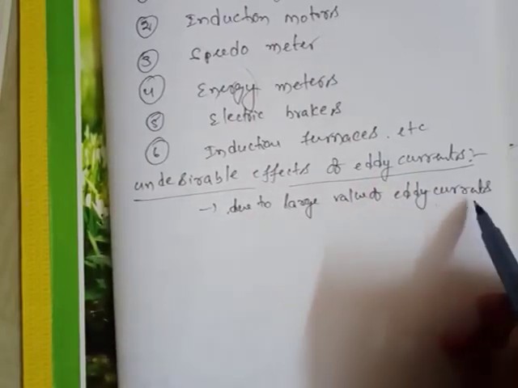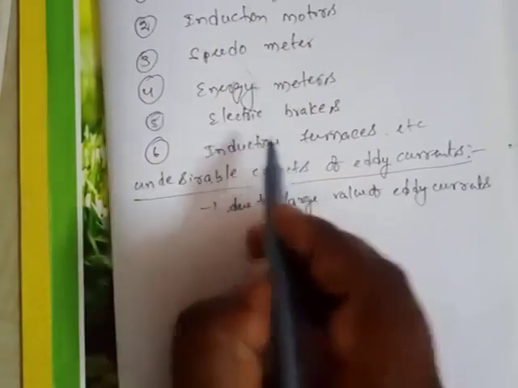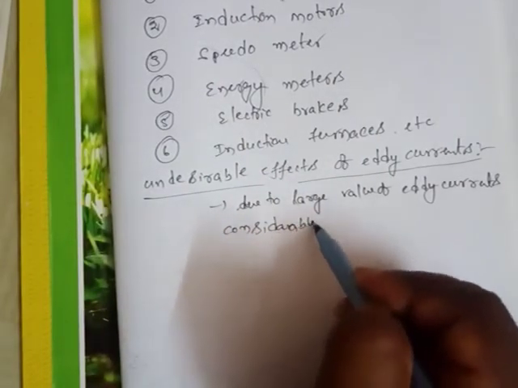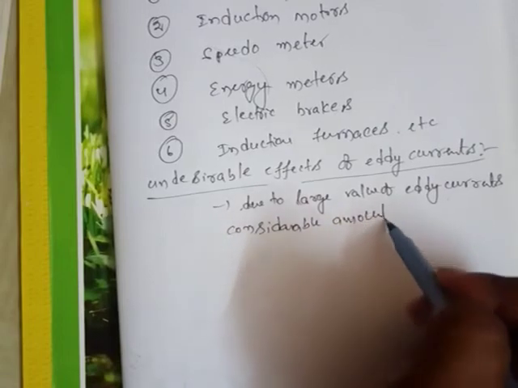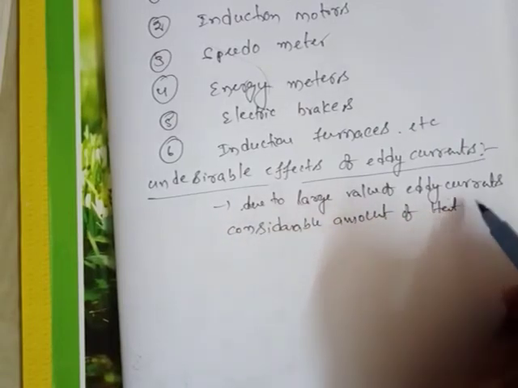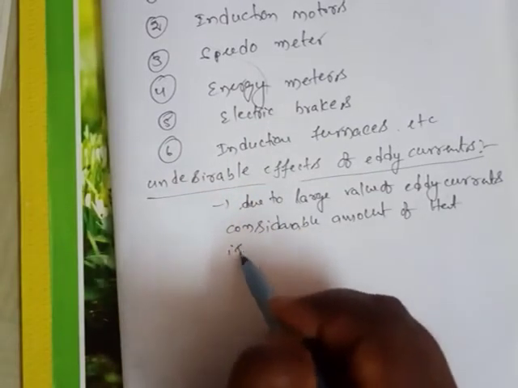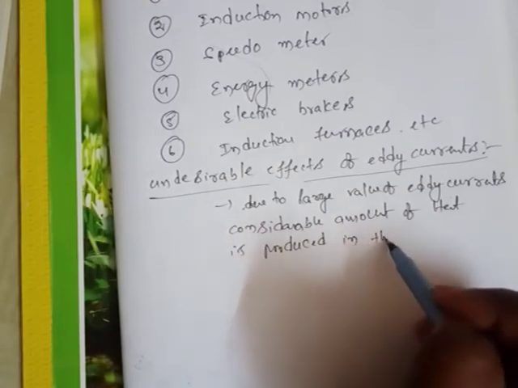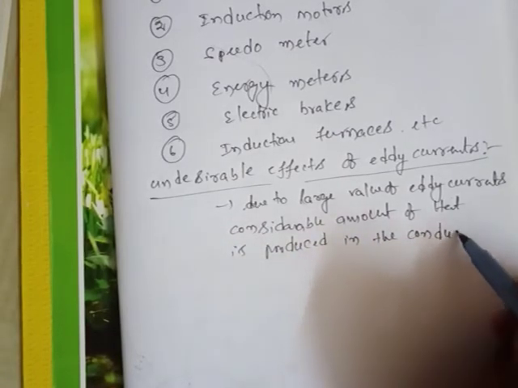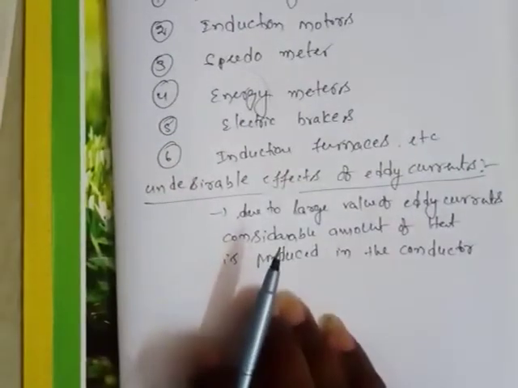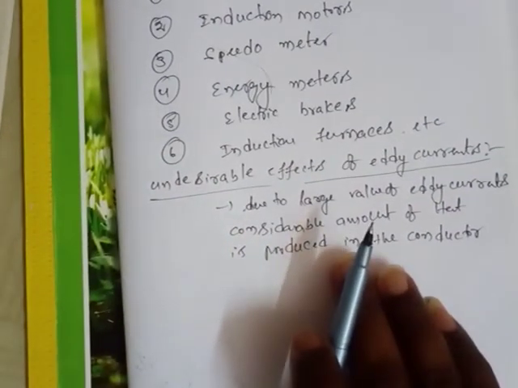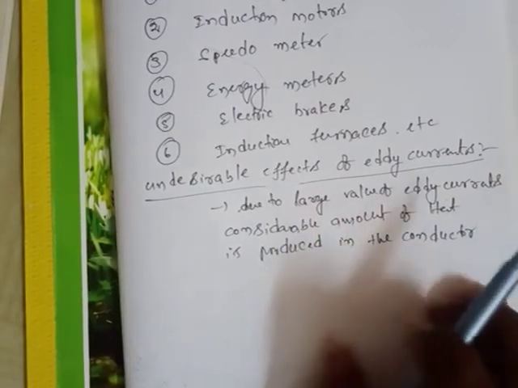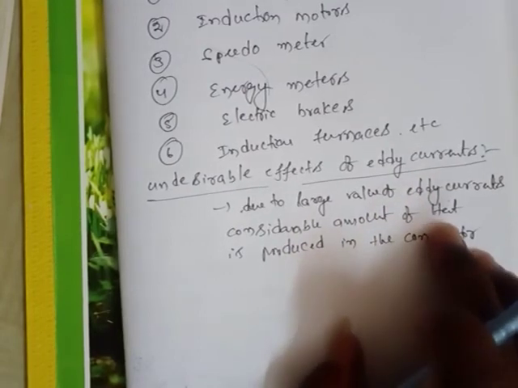Due to the large value of eddy currents, a considerable amount of heat is produced in the conductor. If these eddy currents are large in this metallic conductor, considerable heat will be produced.